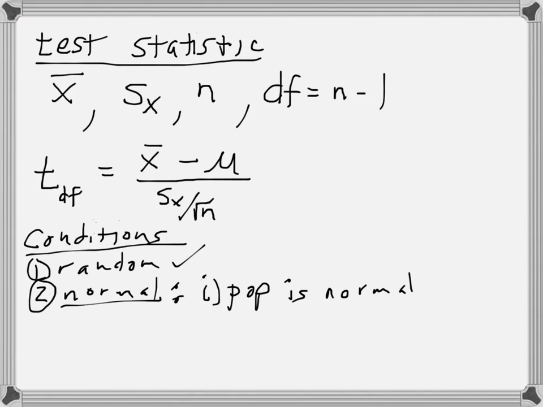What the difference is between a t-test and a z-test is that many of the problems in the last section said the population is normal and the standard deviation of the population is this particular value. Then we'd use a z-test, because in that case, sigma, the standard deviation, is known. But I could say that the population is normal and not give you the standard deviation, in which case you would have to compute the sample standard deviation S sub x.